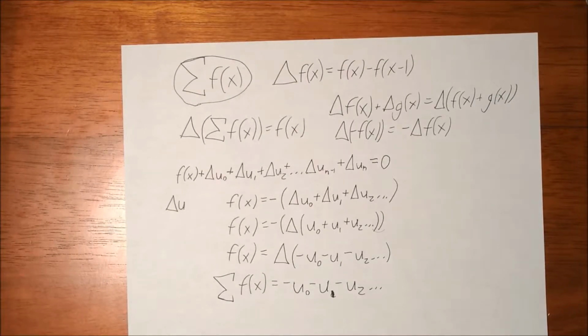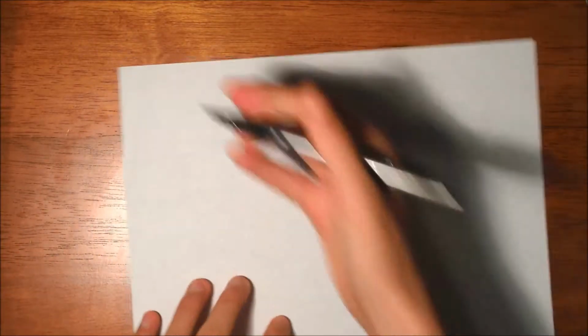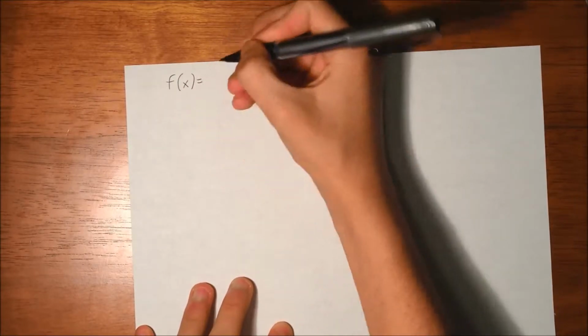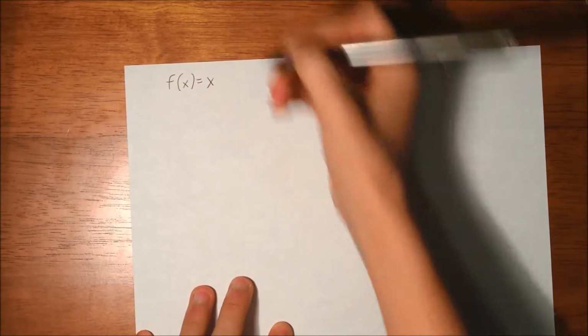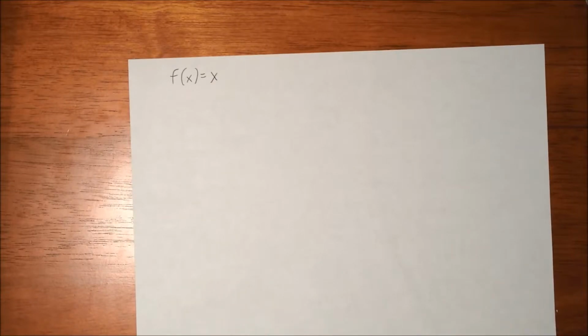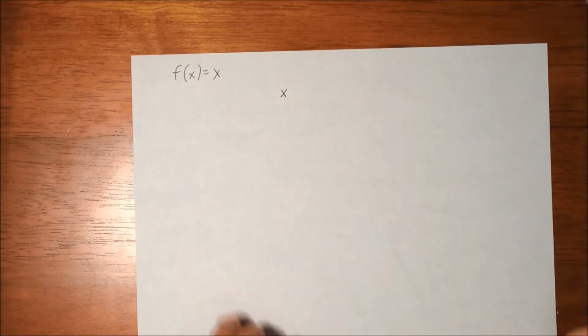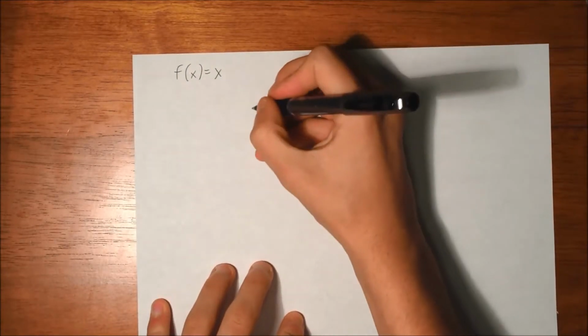So this might not mean much right now, but I'm going to show an example. If f of x is equal to x, and you want to find the indefinite summation of that, you write x down, and you take the integral of it. Now, the integral is the value that'll work out nicely for the following math.